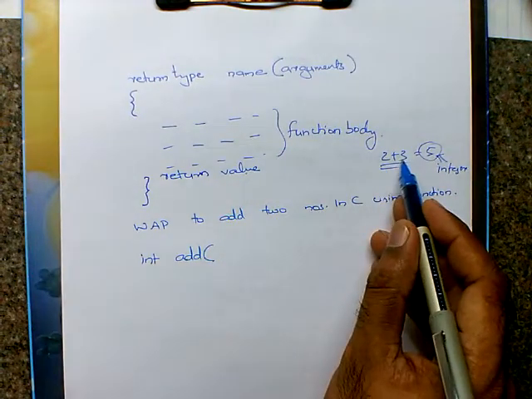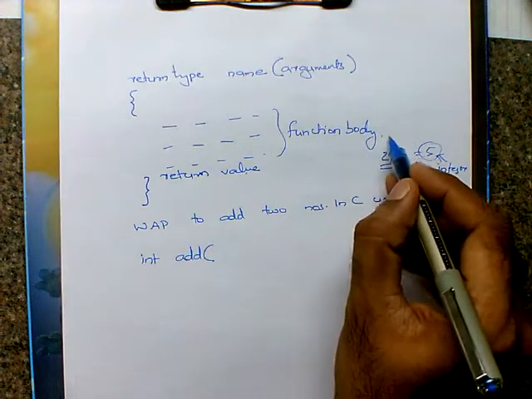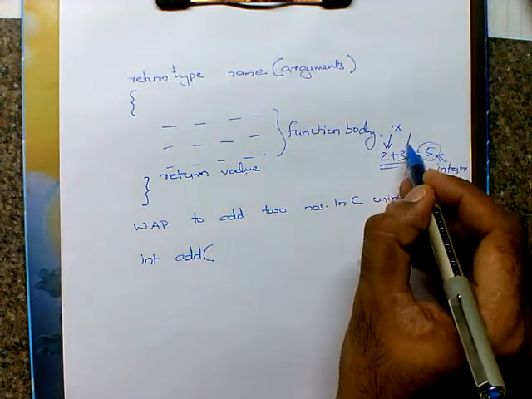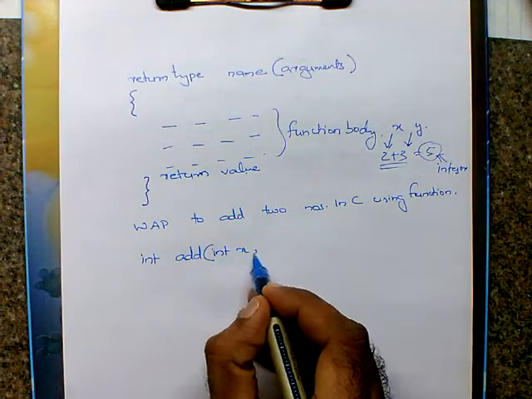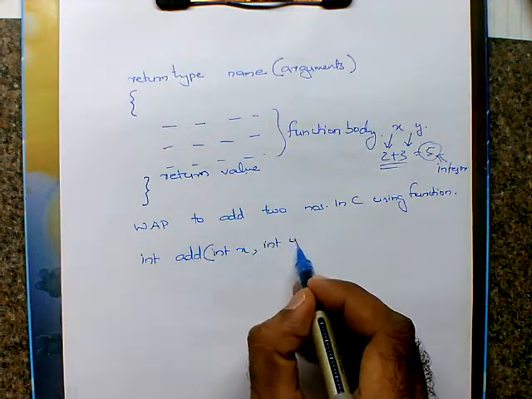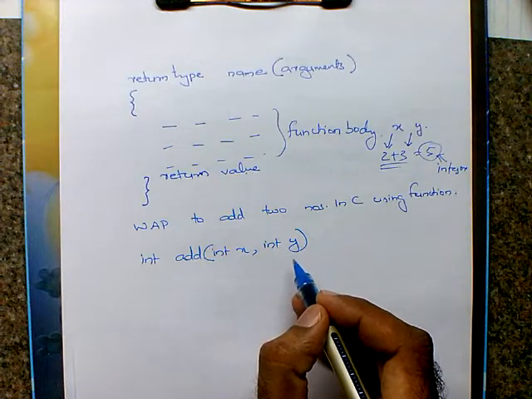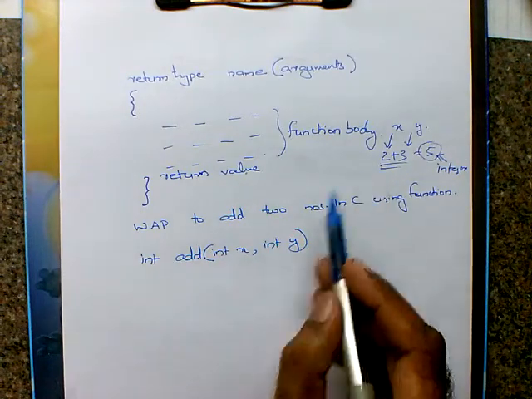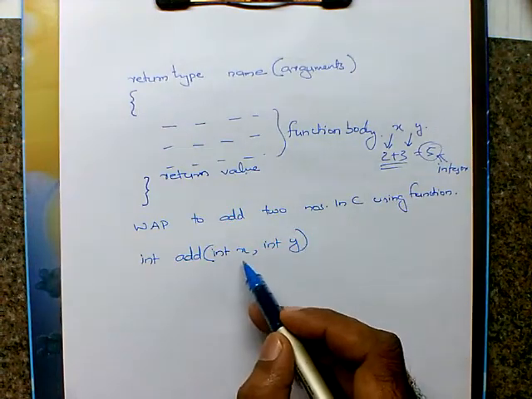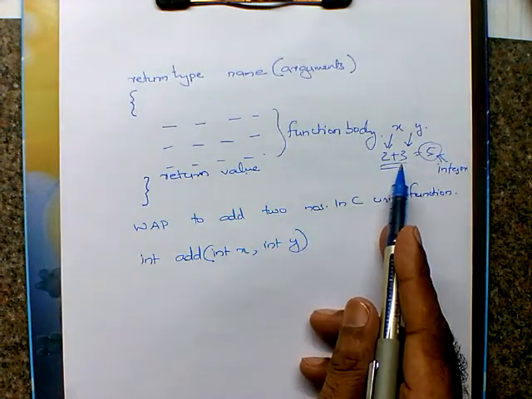This is an integer, this is also an integer. Let us name them x and y. So this is int x, comma, int y. Here x refers to 2, or whatever value you are assigning. y refers to 3.